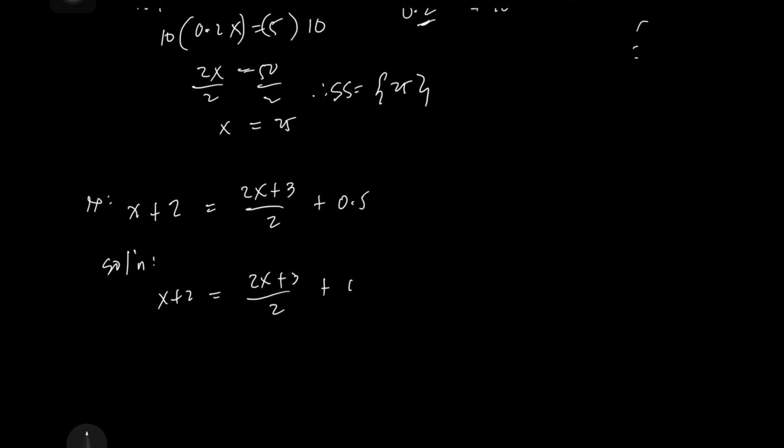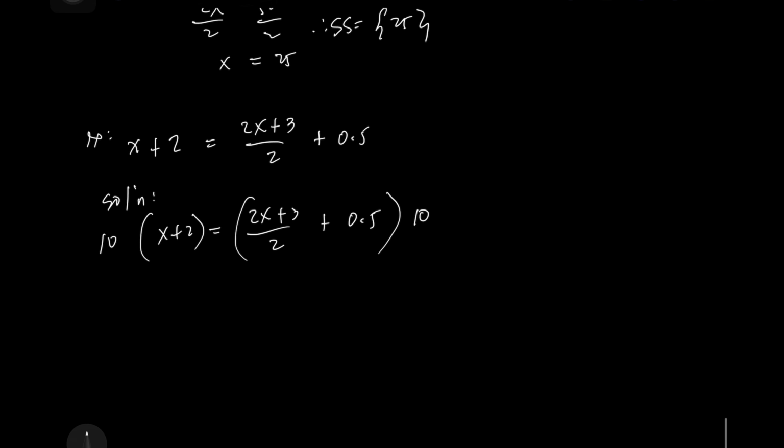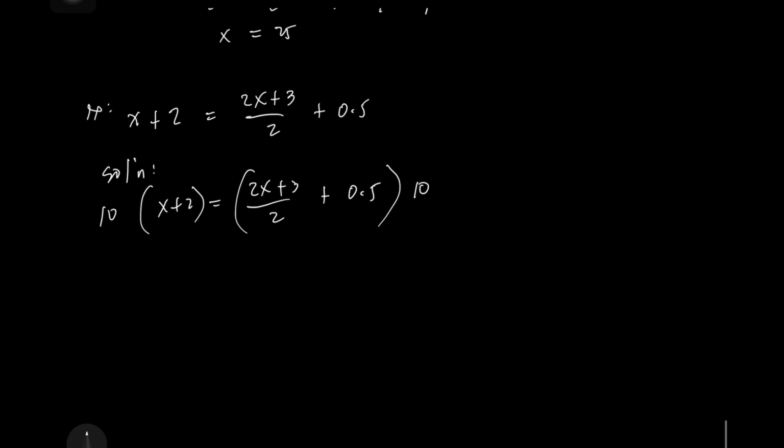For me, I prefer eliminating the decimal first by multiplying again by 10 because there's only one digit after the decimal. So we have 10x + 20 = 10 divided by 2, that's 5. So you can just multiply 5 here: 5 times (2x + 3) + 5.